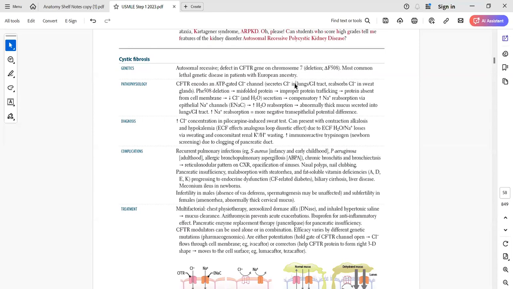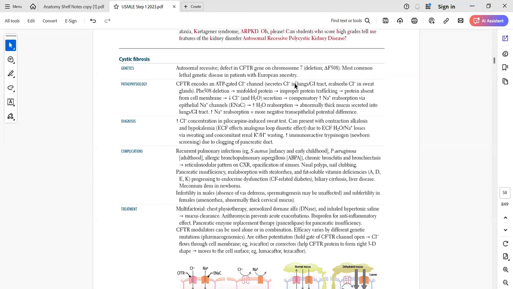Okay. When you do the diagnostic test, the sweat test, which is very commonly done in CF patients, you would see that the chloride concentration is extremely increased, because chloride secretion has dropped down. So now it's pooling up, and that's why there is increased chloride concentration.